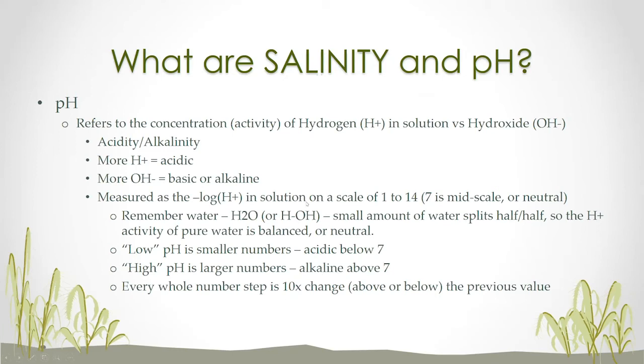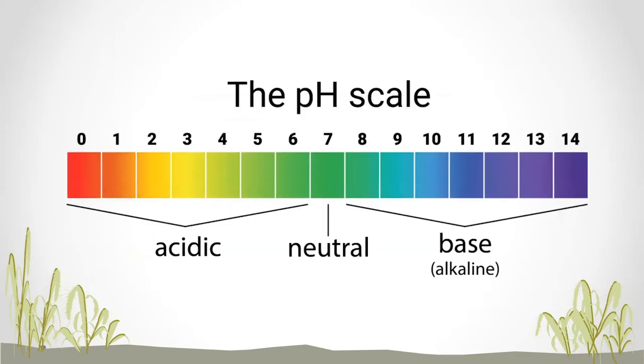Because it's on a log scale, a lot of times we think, well, my soil's 7 or it's 8. What does that mean? Above 7 or below 7, with each whole number increment, it's an additional 10 times more or less hydrogen activity. So if we look at the pH scale, 7 is neutral.